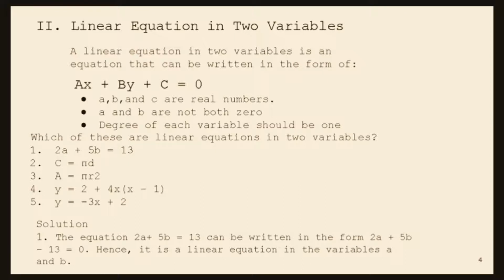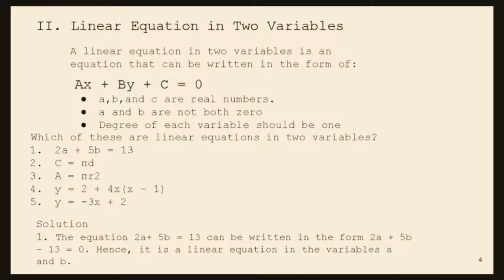Wait. The equation 2a plus 5b is equal to 13 can be written in the form of 2a plus 5b minus 13 is equal to 0. Yung gagawin nyo kasi dyan, pwede mong matranspose si 13. Ilalagay mo siya sa side nila 2a tapos 5b. Kaya, magiging negative siya. Tapos, yung matitira naman sa right side is 0 na lang.